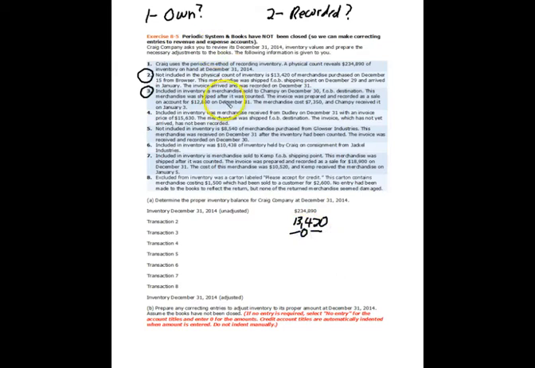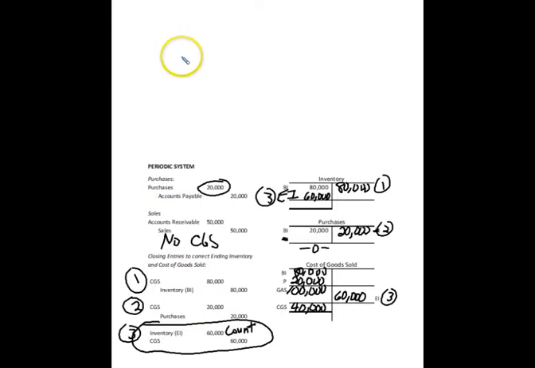However, we do need an entry because these goods were returned. So let's look at a correcting entry because the sale didn't take place until the following year. So for number 3, we need a correcting entry.